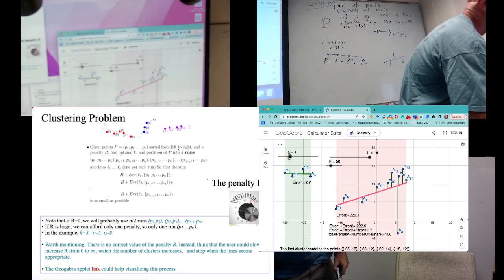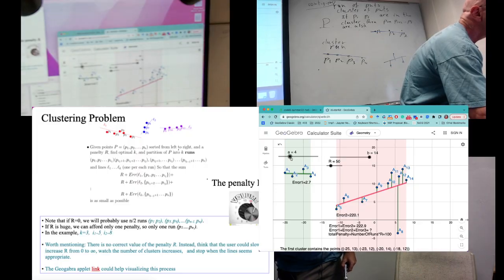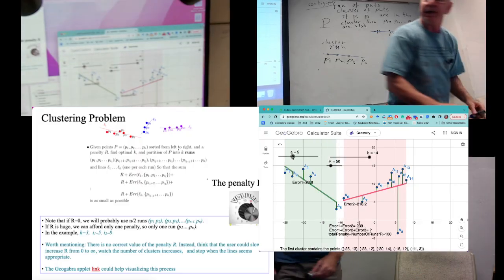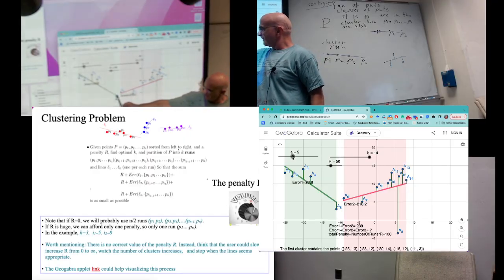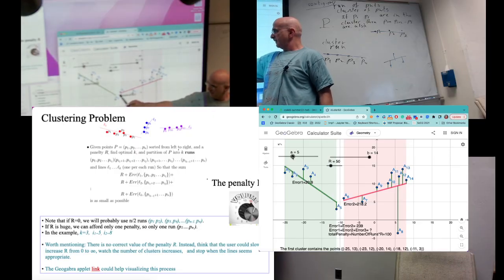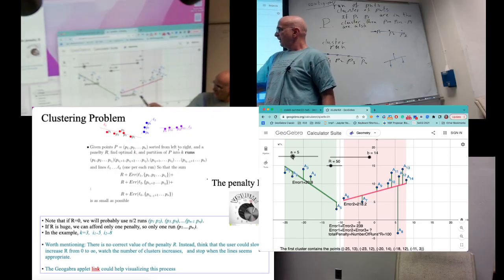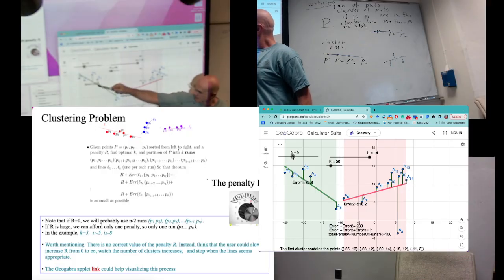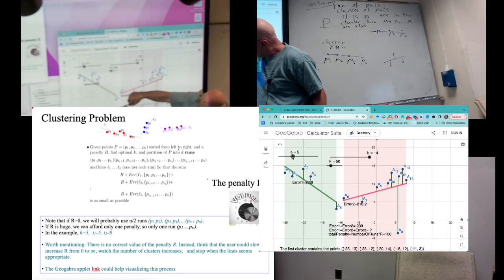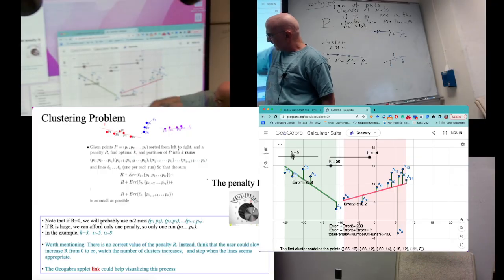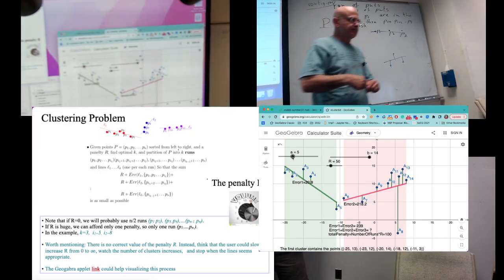That is, for any value of A, I will have the first one ending at a different point, meaning the second one starts at a different point. And in each case, I'm looking at error 1 plus error 2, which in this case is 239.